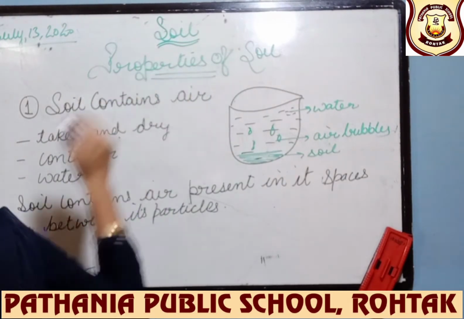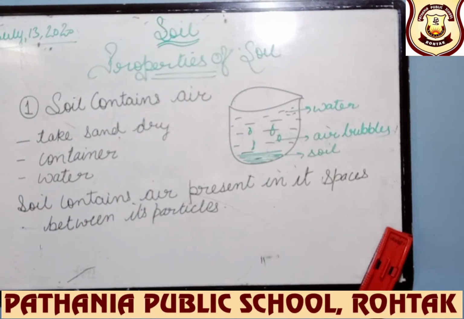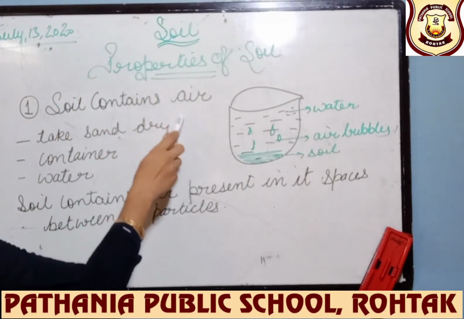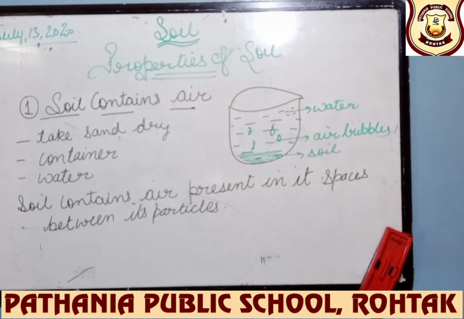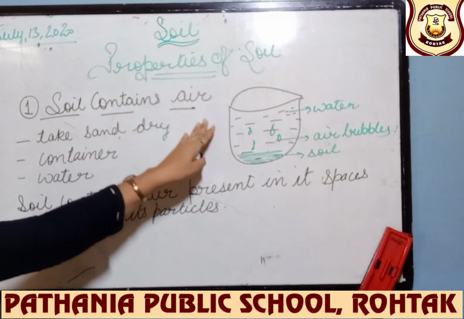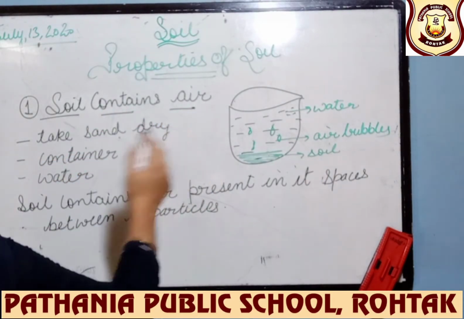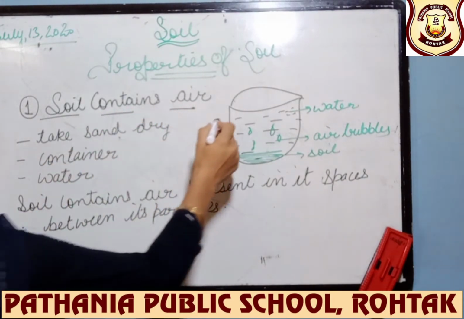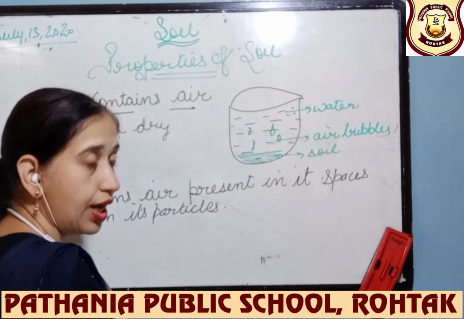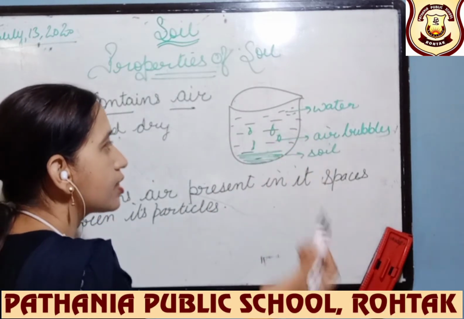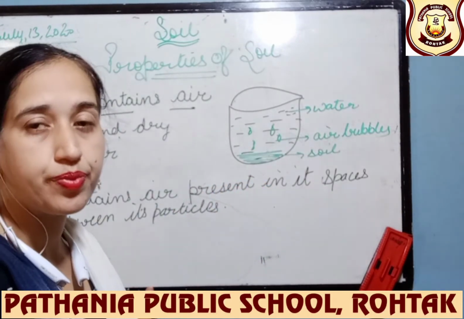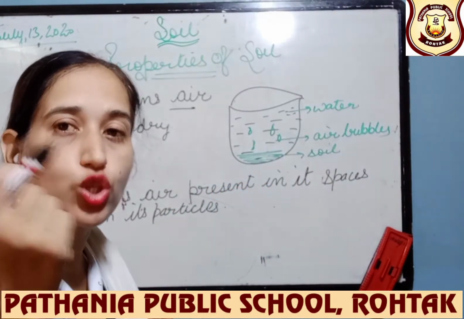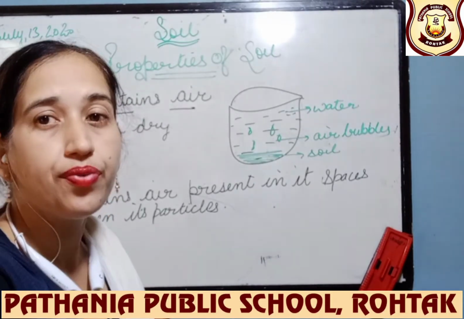Properties of soil. Soil contains air. This is the major point of the first property. You can see, firstly, I am taking a beaker. In this beaker, water is kept and some soil is also kept. As soon as you put soil in this water, what will happen?